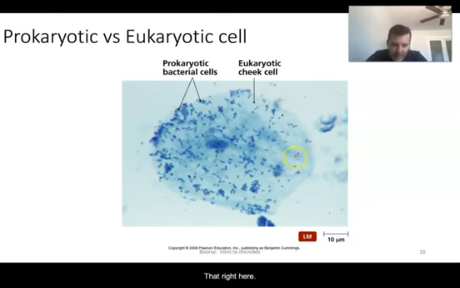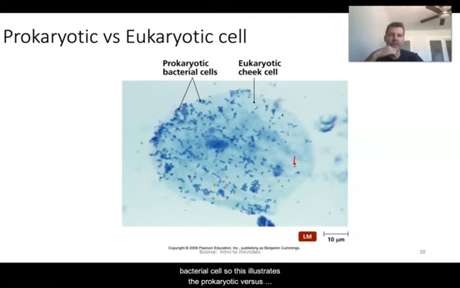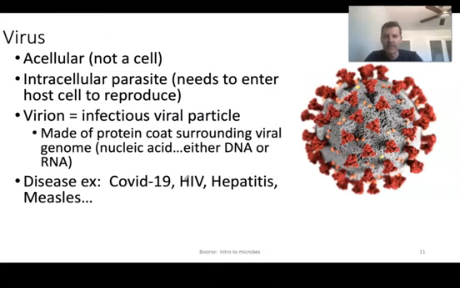But that right here, I'll put a line to it, that is a single bacterial cell. And so this illustrates the size difference. So each of these little blue dots is a bacterial cell. So this illustrates the prokaryotic versus eukaryotic size difference.